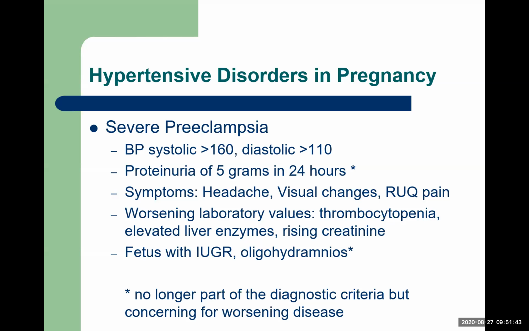It is no longer a part of the diagnostic criteria, but again, we cannot forget that we need to evaluate the fetus in the workup of preeclampsia, and those fetuses that are already displaying IUGR or oligohydramnios do signal a patient that has worse disease. So it's a patient that makes me more concerned because we are already seeing end organ damage in the form of damage or compromise of the fetus.